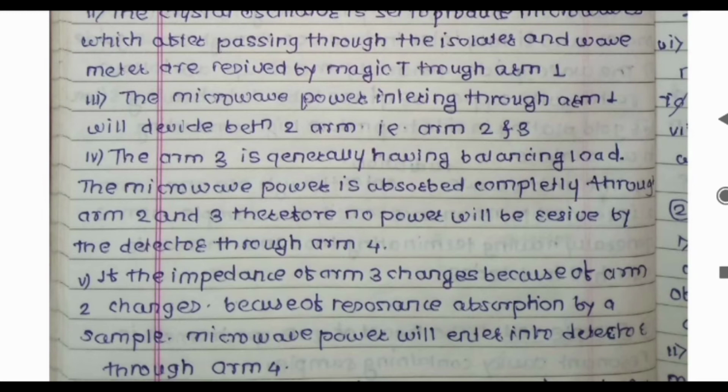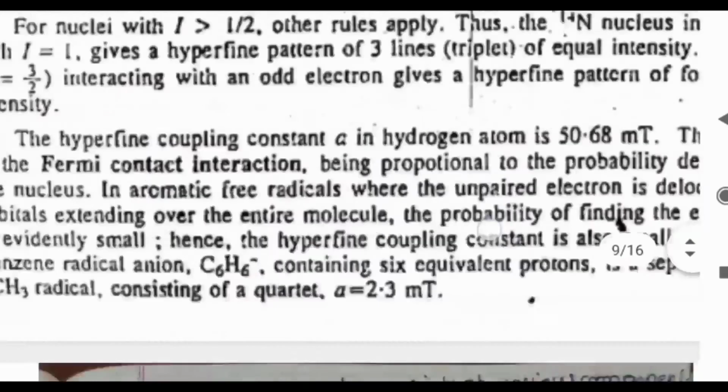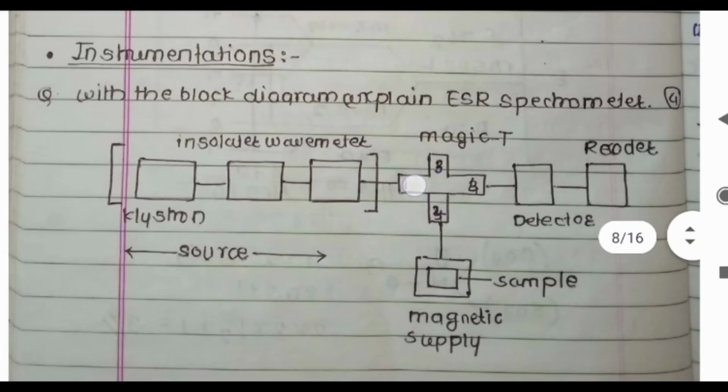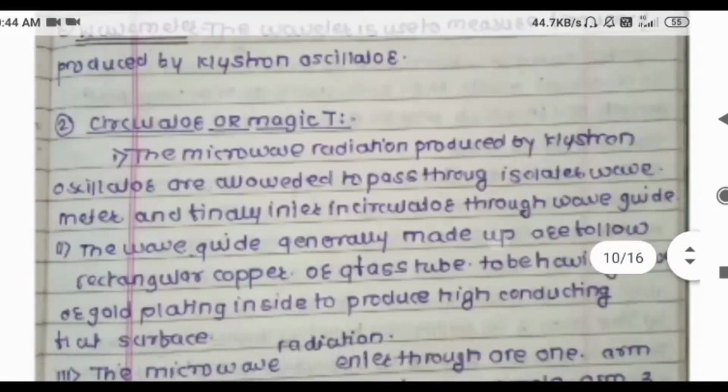As we have seen, the path of the microwave radiation is from the klystron source into the isolator, then the wave meter, and between the wave meter and isolator we might have an attenuator. Once the signal has passed the wave meter, it enters arm 1 of the magic T.